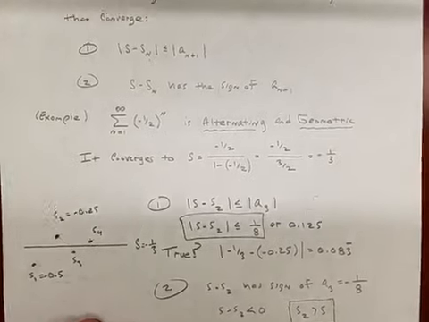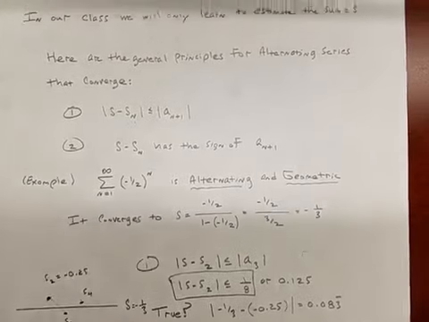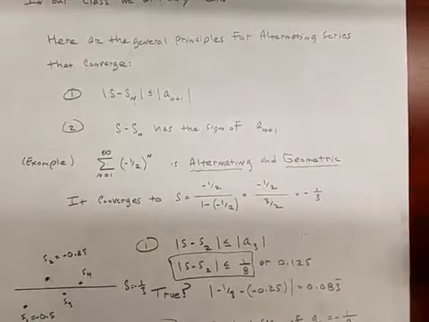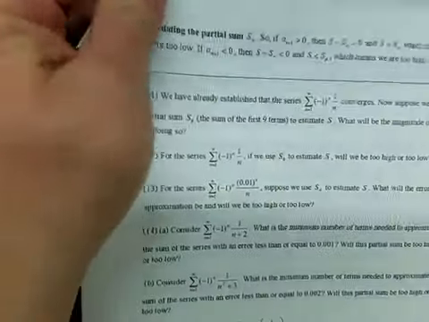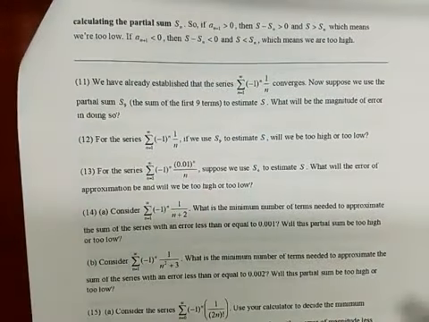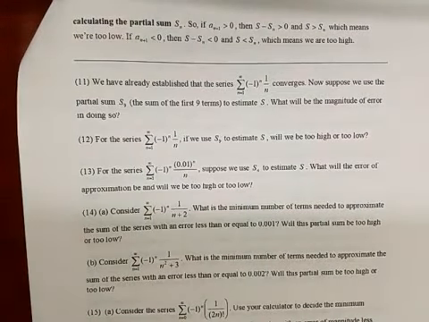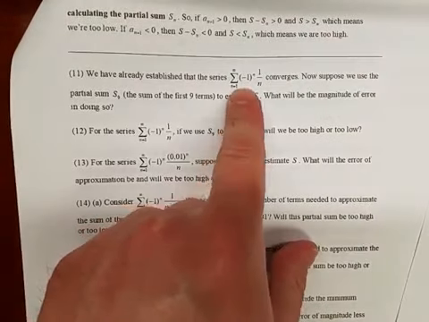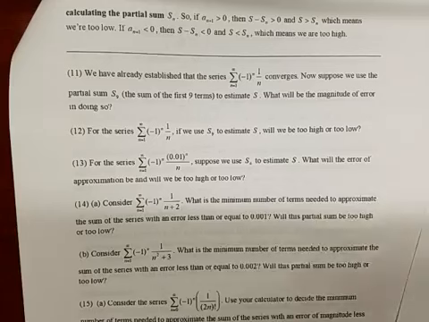Okay. Now, I want to try this out in a problem that's on the lesson. So let's do this. But 11 and 12 go together in a way that allows us to illustrate this. So look at them. We have this series that I've talked about in other problems.